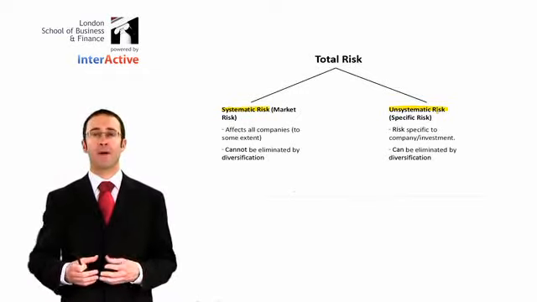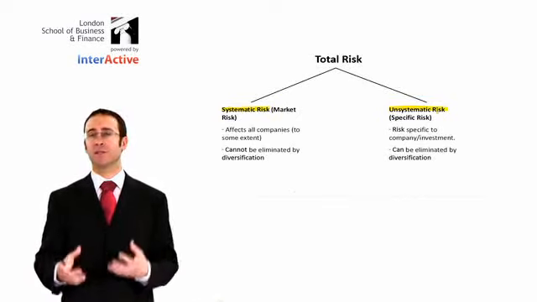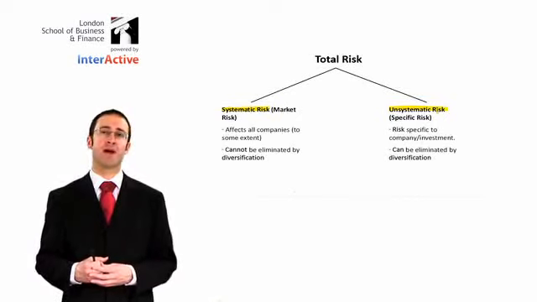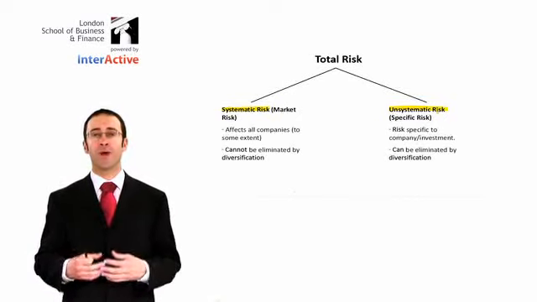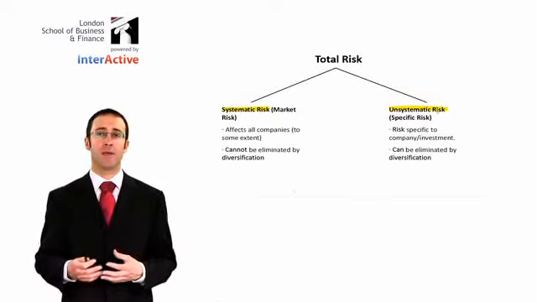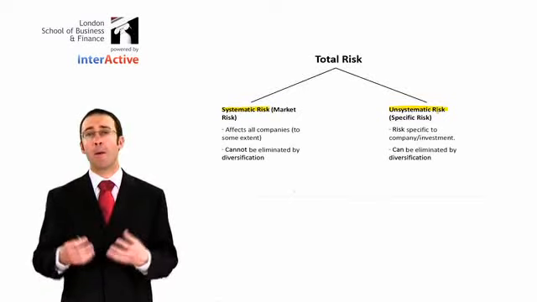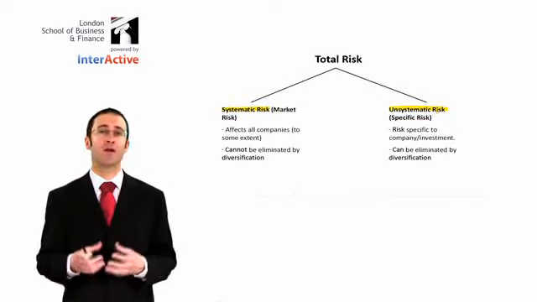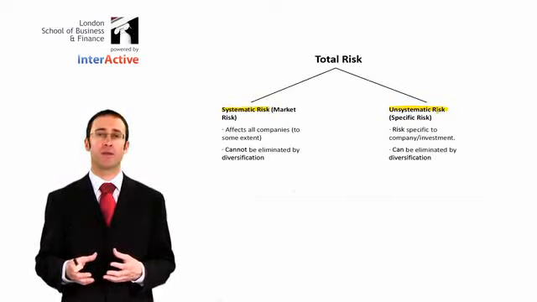So if we think about changes in the rates of inflation, or political events that may have happened, these will impact the price of a company's share. It may go up, it may go down, depending upon the industry that the company operates within.